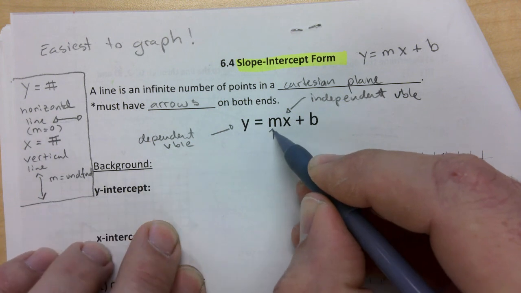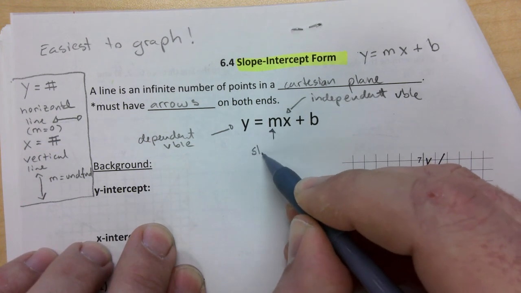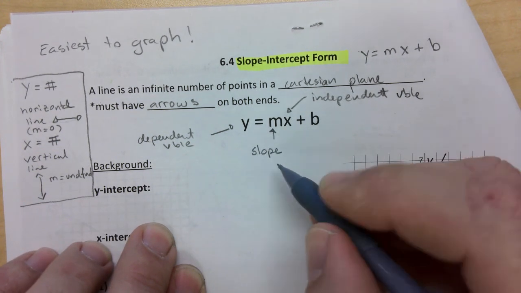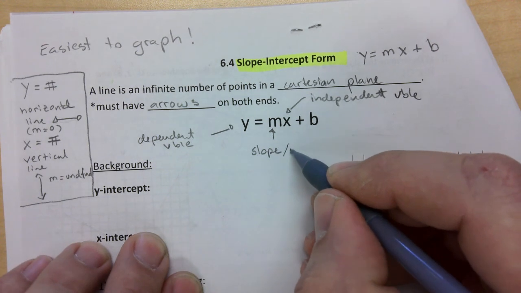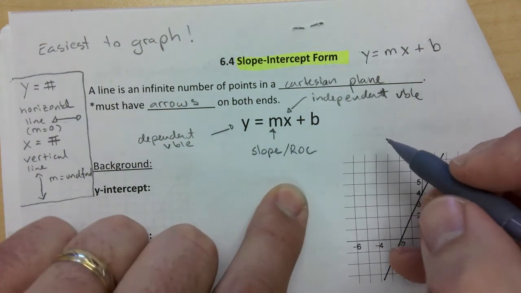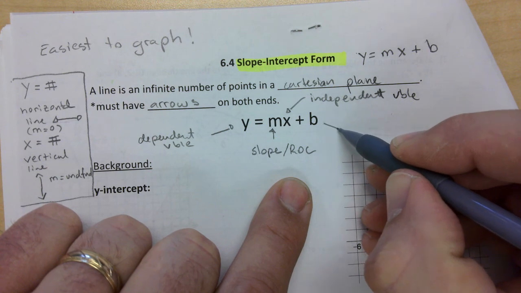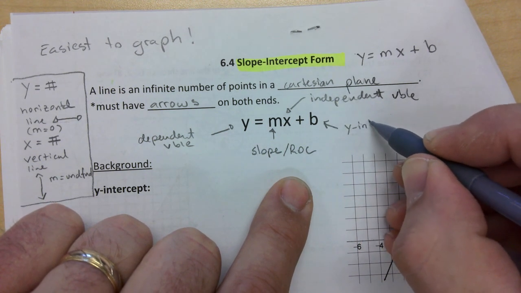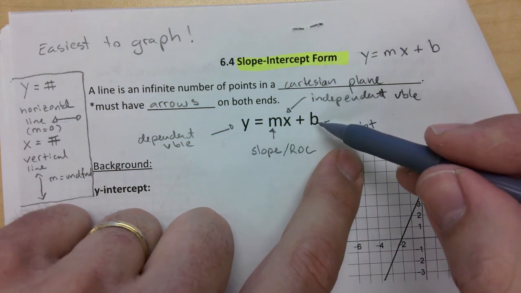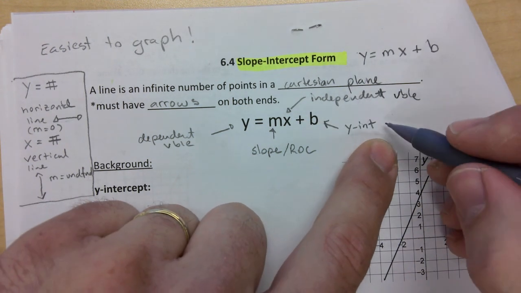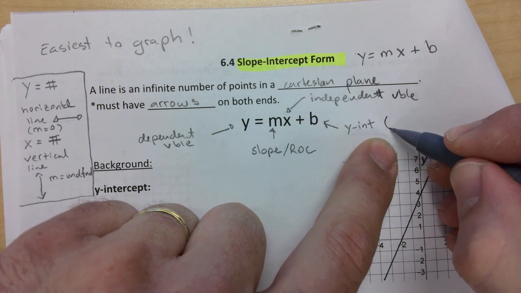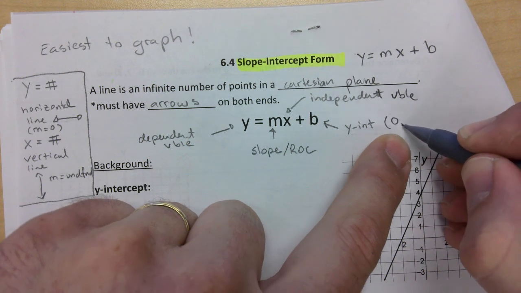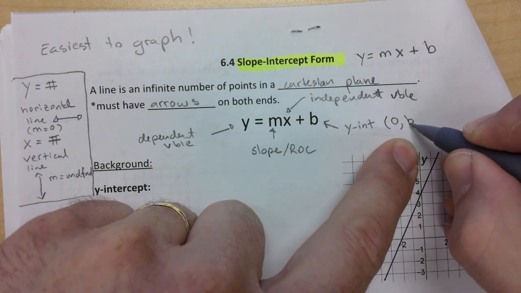This is your slope, and also the rate of change. Okay. And this is your y-intercept. Just by looking at that, that value will give you your y-intercept. So you should be thinking of (0, b).